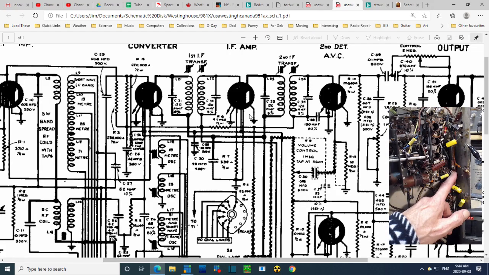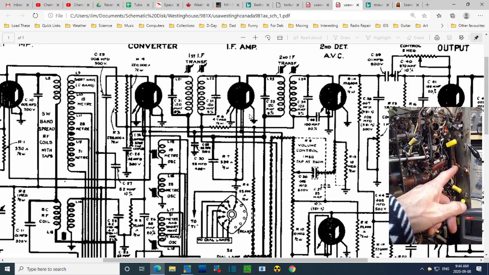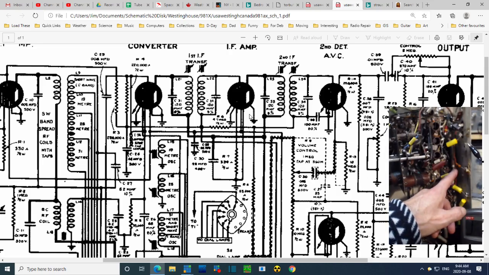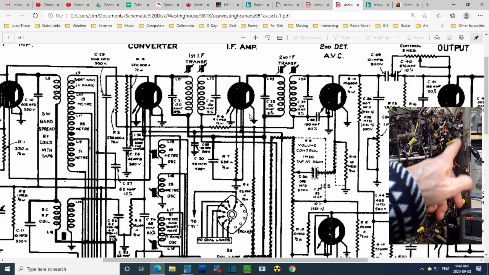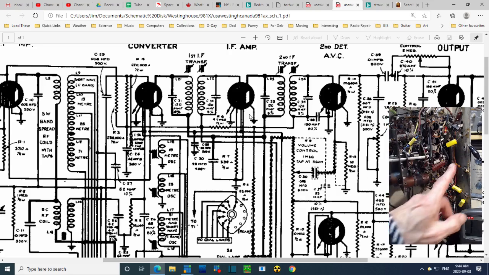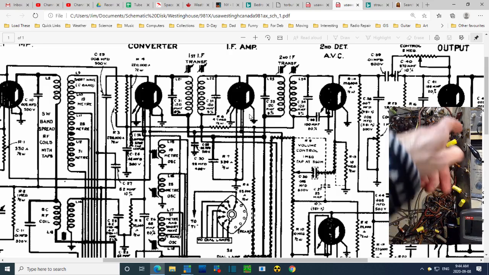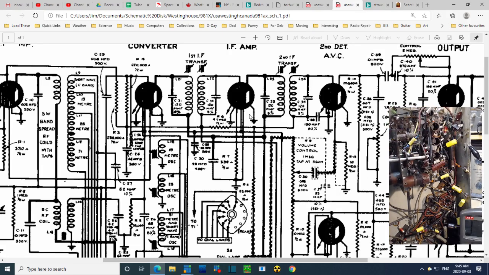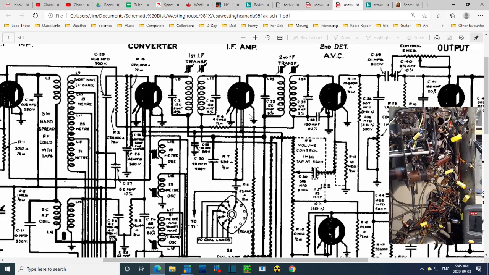Okay, we'll just check the screen voltage, which should be here. It's picking up the plate voltage and dropping it through this resistor to make it into a suitable screen voltage, which is then spread through the tubes. We should find full B plus here and then screen voltage on this end. That's what I think.